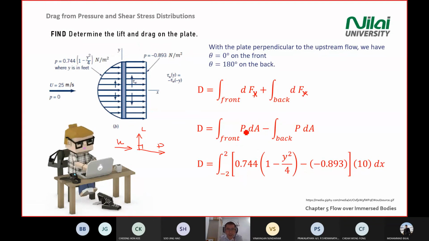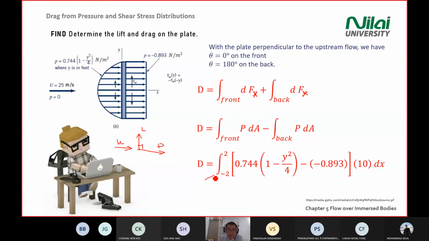Your front pressure, given in the diagram, is 0.744 times (1 minus y squared divided by 4). So you substitute this in, and you have a negative. This one is P negative 0.893. So you just follow the negative. Actually, at the end, you still get positive.